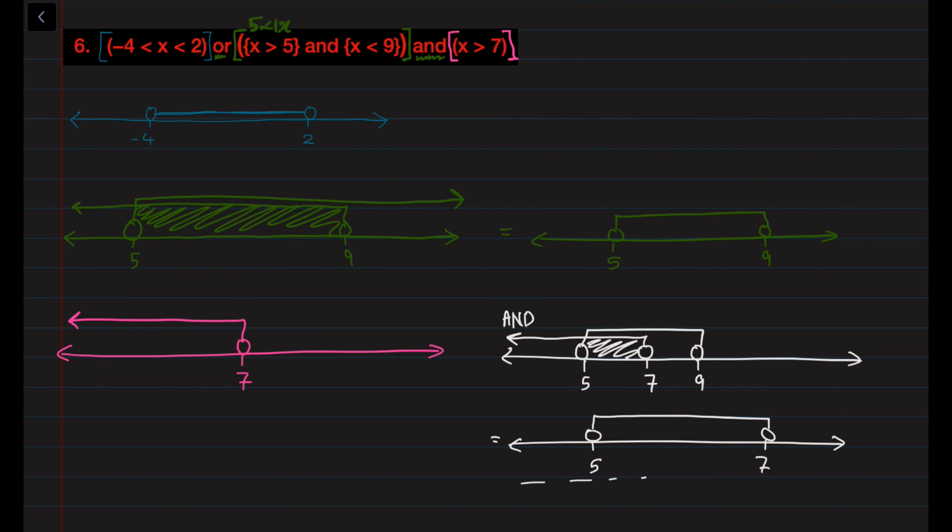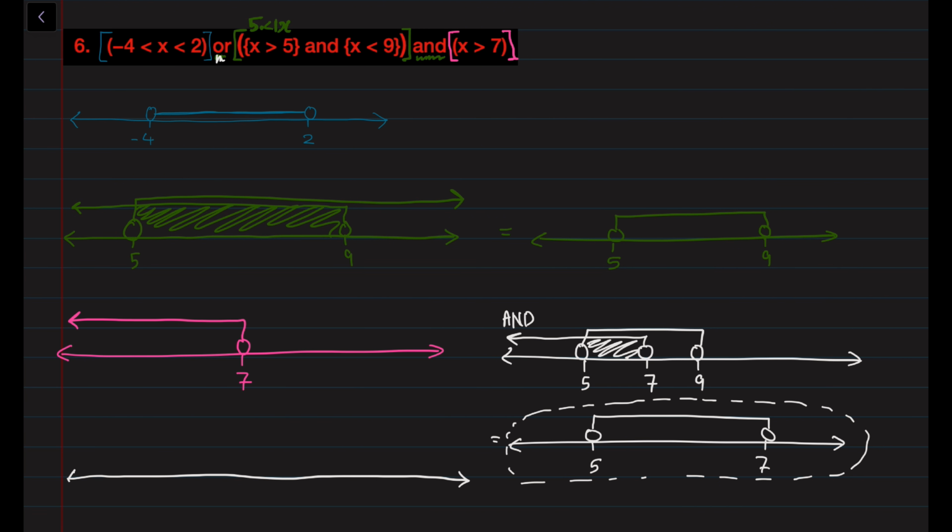And this is our answer to our second and third part combined. And now, between the first and the combined part, we have an OR operator. So I'm just going to write it down over here, so it's all in one screen instead of having to scroll.